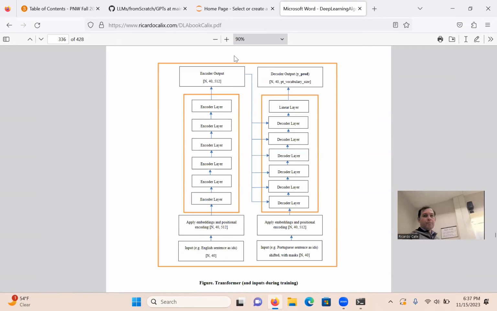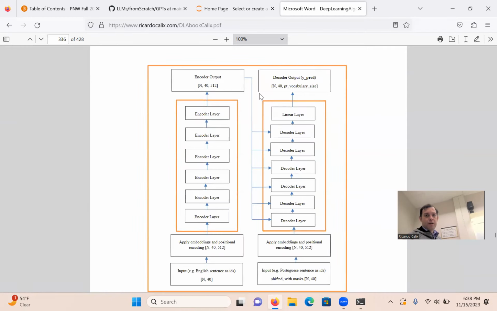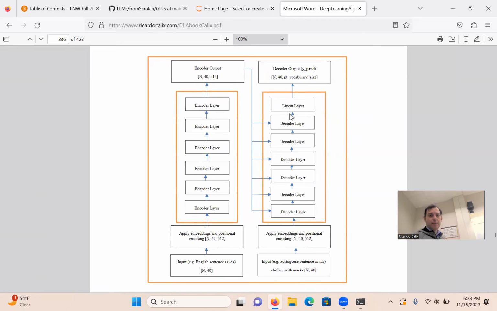So you can see the big picture here, but let me move this thing up so it's a little bit bigger and I can read it. If you notice, this is the encoder, this part here, and this is the decoder, this part here, okay? So this is all a neural network.